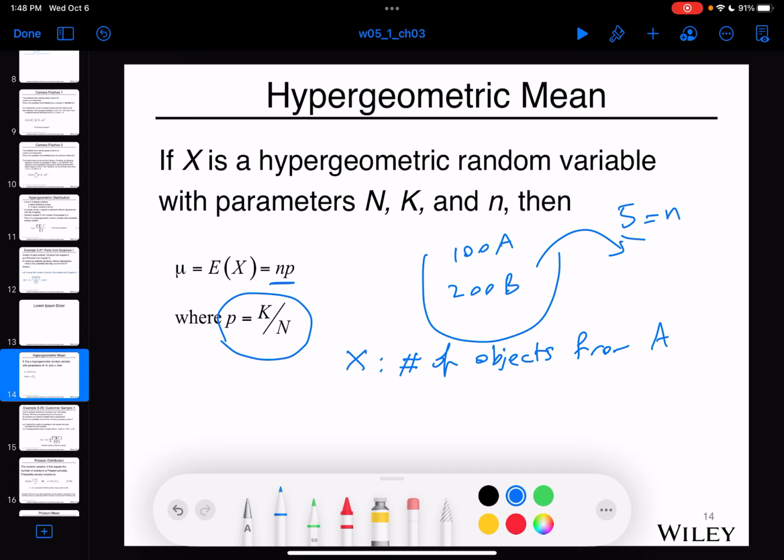So I'm choosing 5 objects from this bowl, and I define X as the number of objects from supplier A. So X can be 0, it can be 1, all the way to 5, right? So X is a random variable because it takes random values.